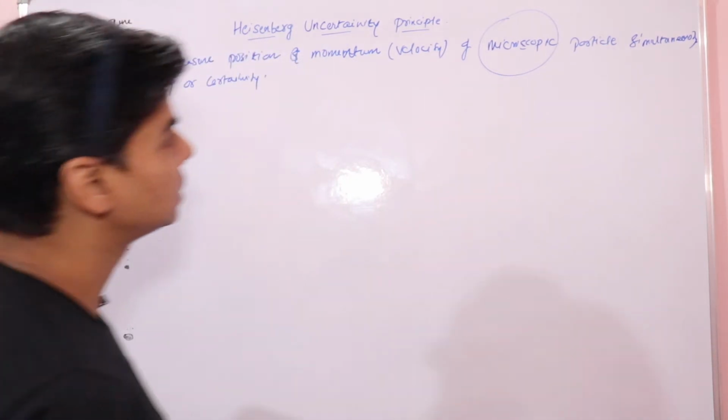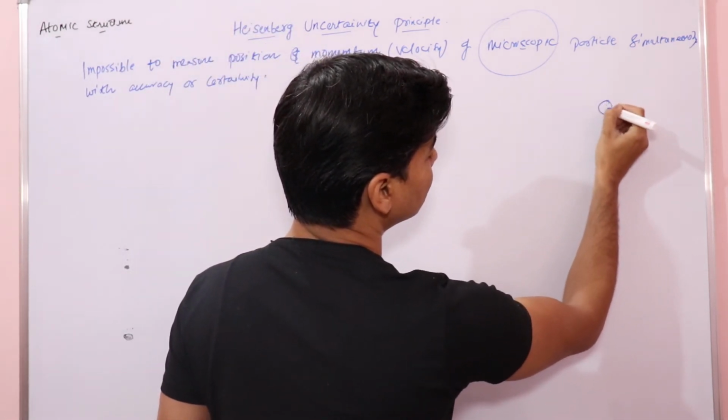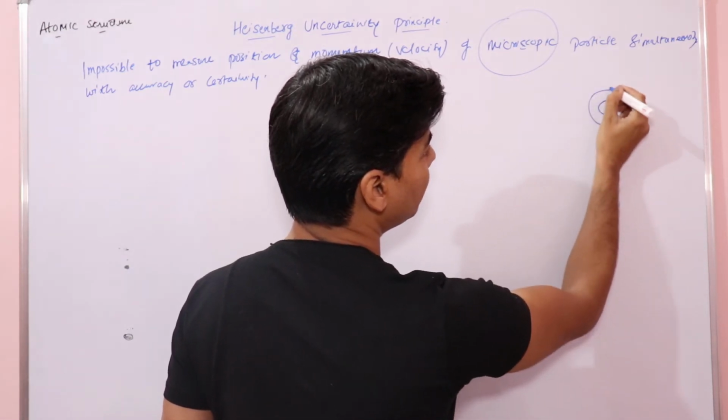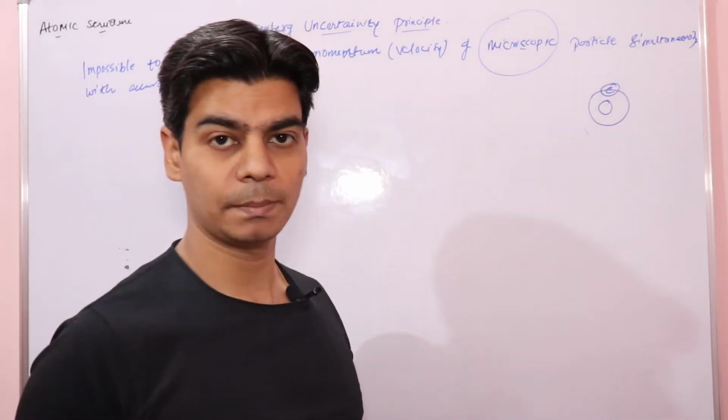So what it means is, if this is the structure of atom, say, this is your nucleus and this is your orbit, and an electron is moving around this orbit, which is a microscopic particle.